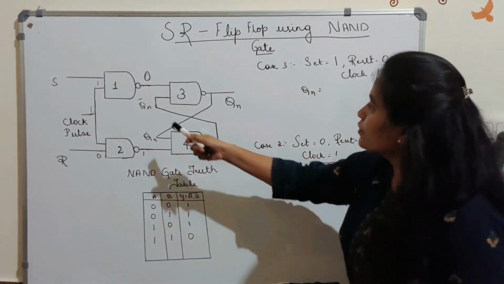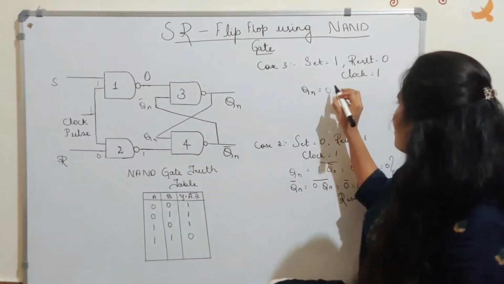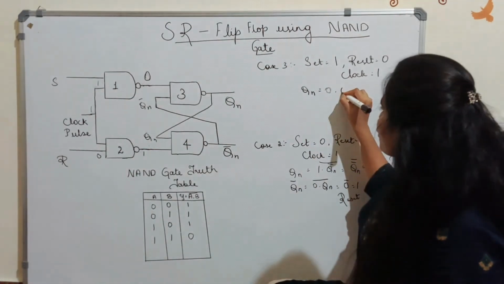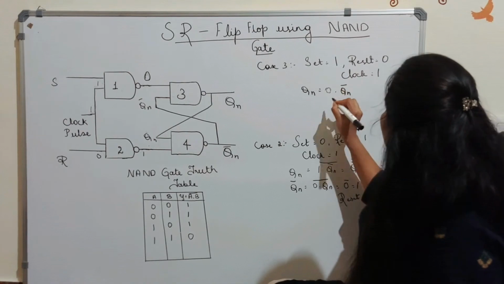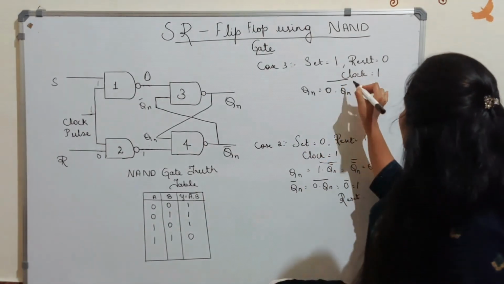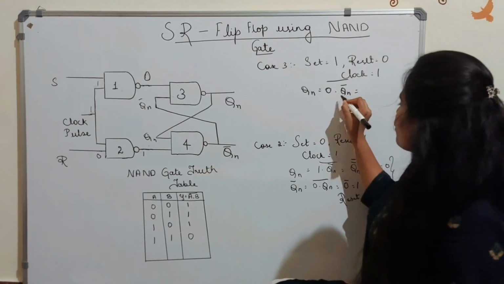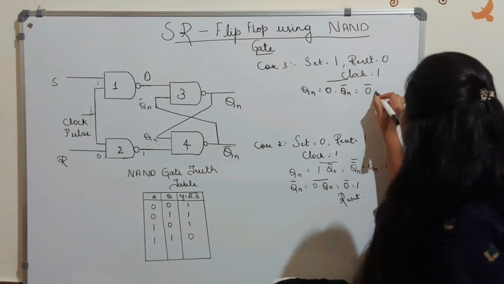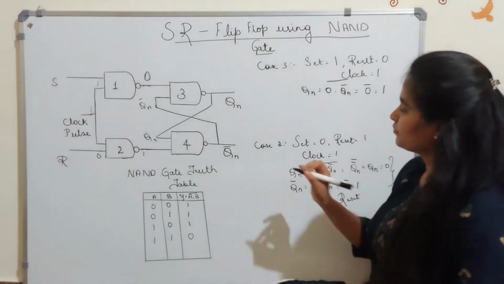Qn is equal to, the first input is 0 and the second input is Qn complement. Reference to the expression, I'm just complementing it. Qn complement into 0 is 0. I'm writing down this complement. So the answer is 1.